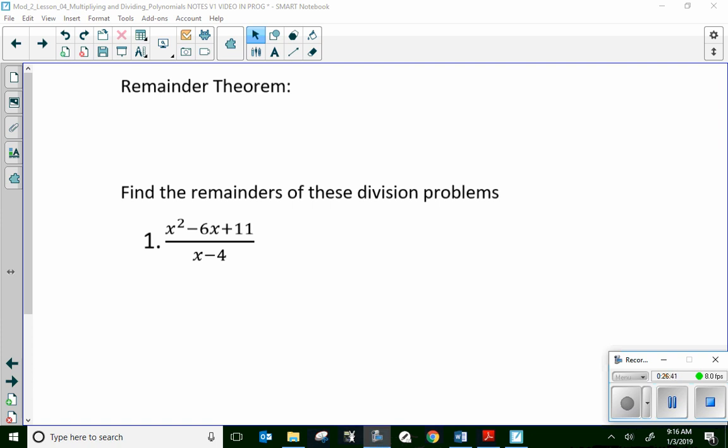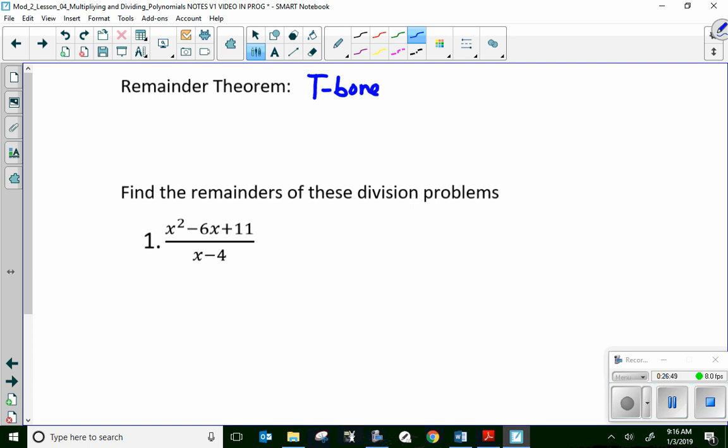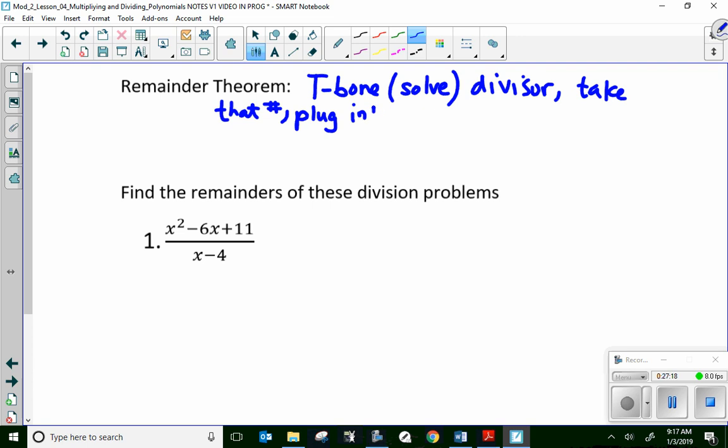Okay, so the remainder theorem. What is the remainder theorem? If I T-bone, which means solve, set equal to 0 and solve, my divisor, then I take that number, the result from your divisor, and plug it into the dividend.